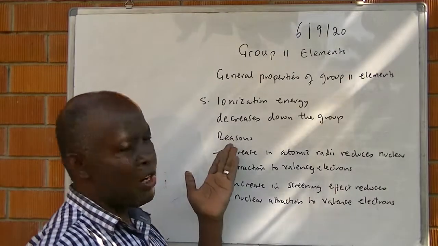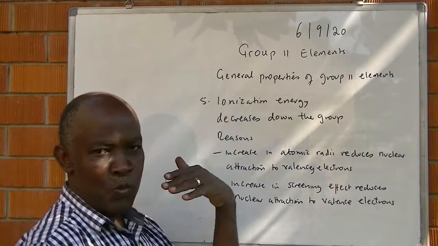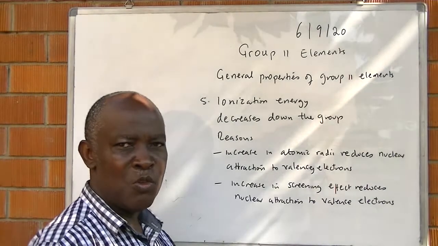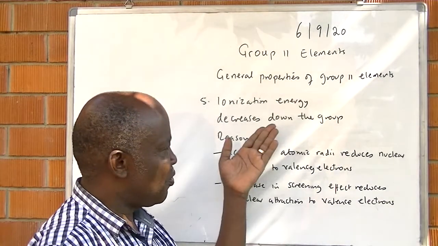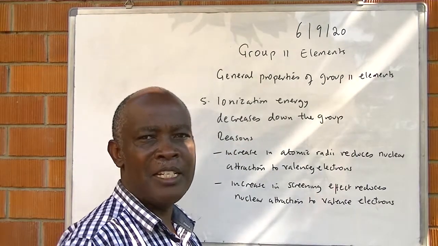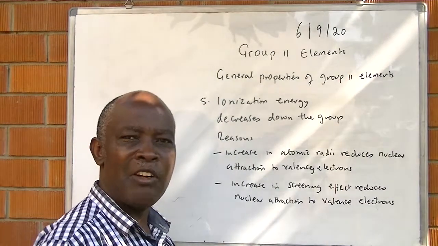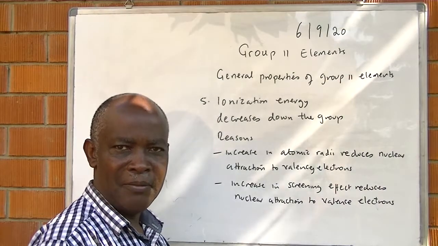In comparison, one would ask, how does ionization energy of group 2 elements compare with ionization energy of group 1 elements? The ionization energy of group 2 elements is much higher than ionization energy of group 1 elements because group 2 elements are more electronegative than group 1 elements.